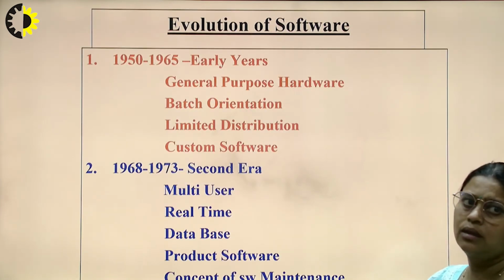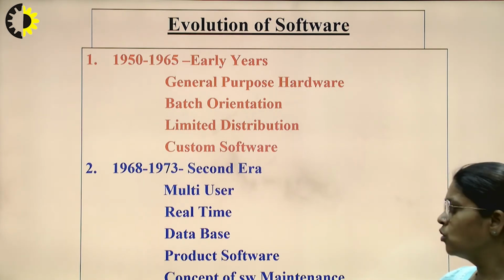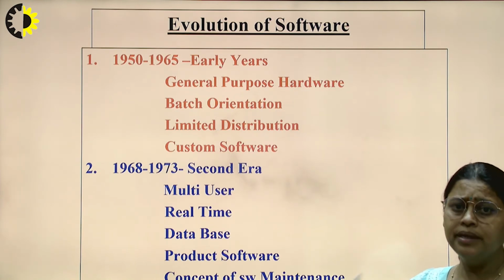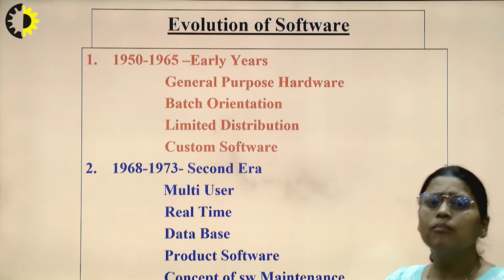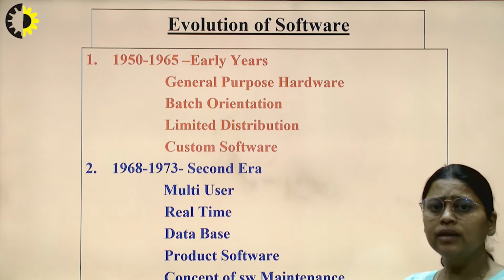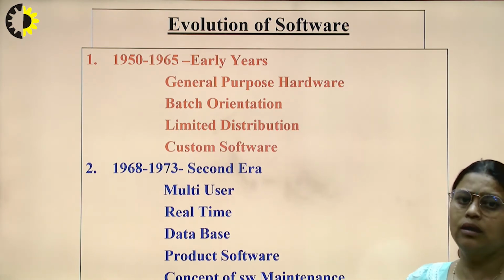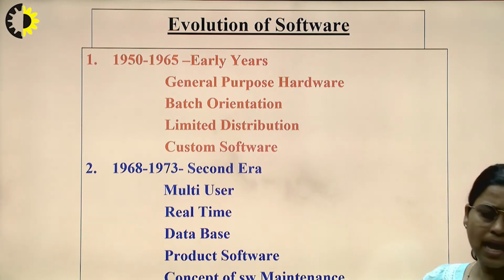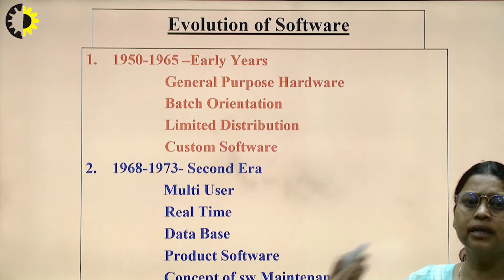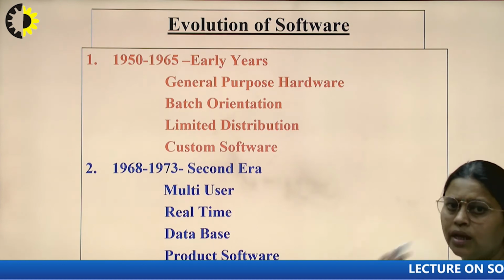Now the evolution of software. Different softwares are designed for different purposes. If we go to the previous era, softwares were used in the 1950s or before that. As per the technology change, the software categories also changed.